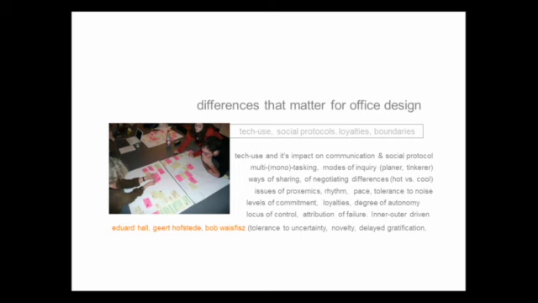With the digital natives, the differences are between multi and monotasking, modes of inquiry. The digital natives are much more used to an iterative process. They plan much less because, in a way, they expect the tools that they use to allow them to easily modify what they are doing, whereas the other ones are used to planning.